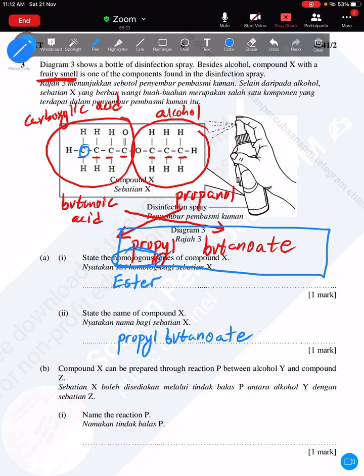The hydroxyl group is the functional group. The hydroxyl actually refers to the functional group. If they ask you homologous series, you need to name the group, such as alcohol, carboxylic acid, ester. That is the difference.